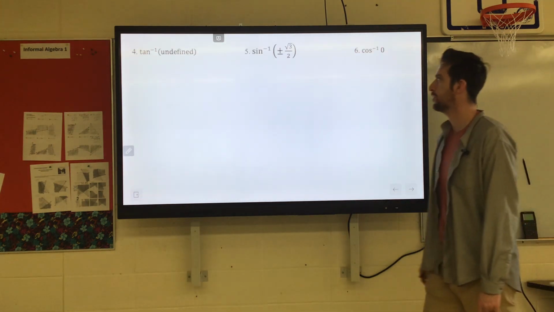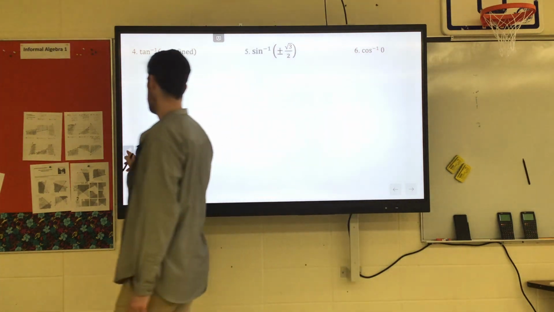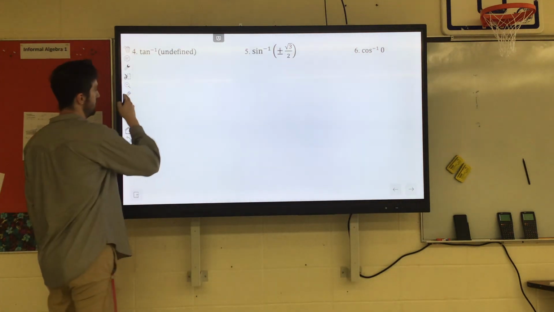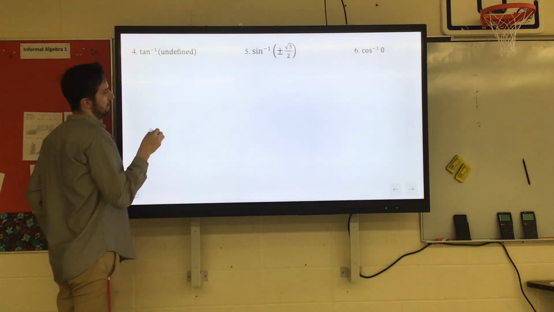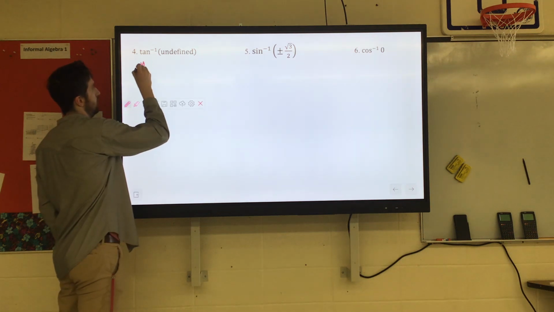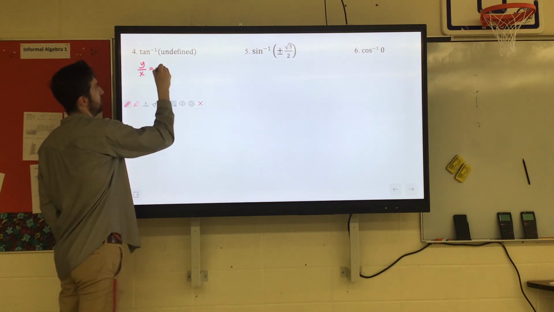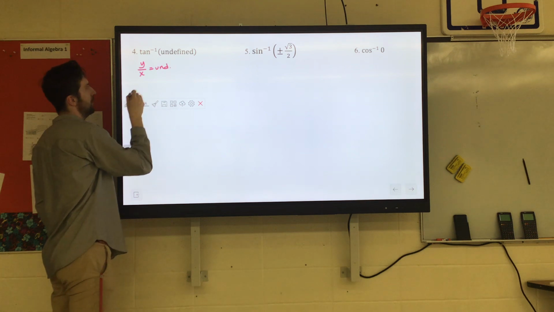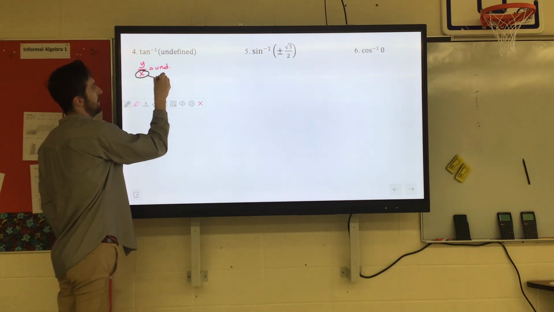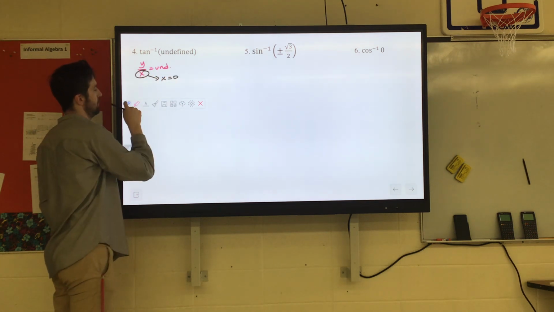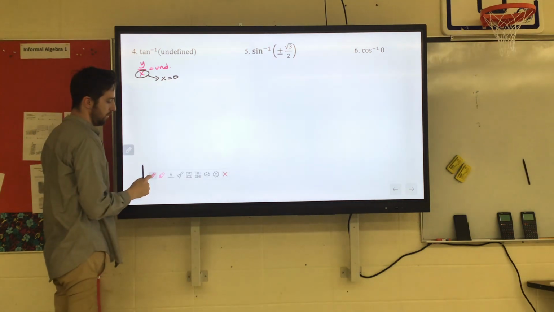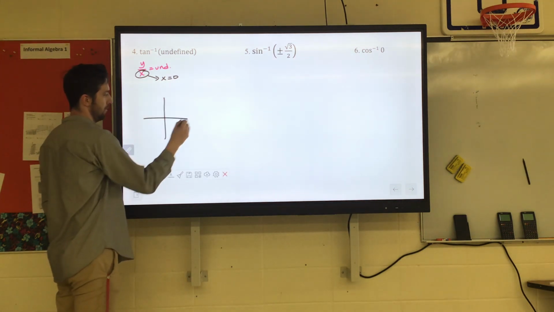All right, 4, 5, and 6, where tangent is undefined. If tangent is y divided by x, when it comes out undefined, that means that x is 0. That only happens on the quadrantal angles.